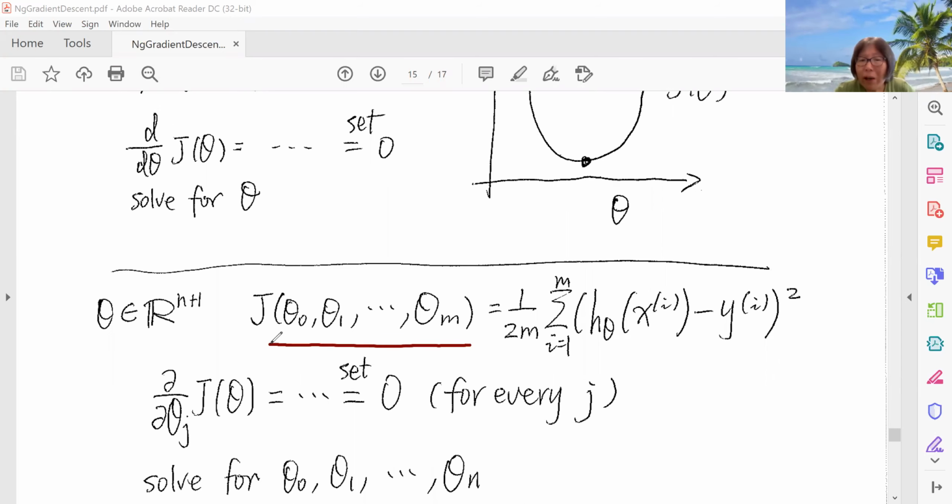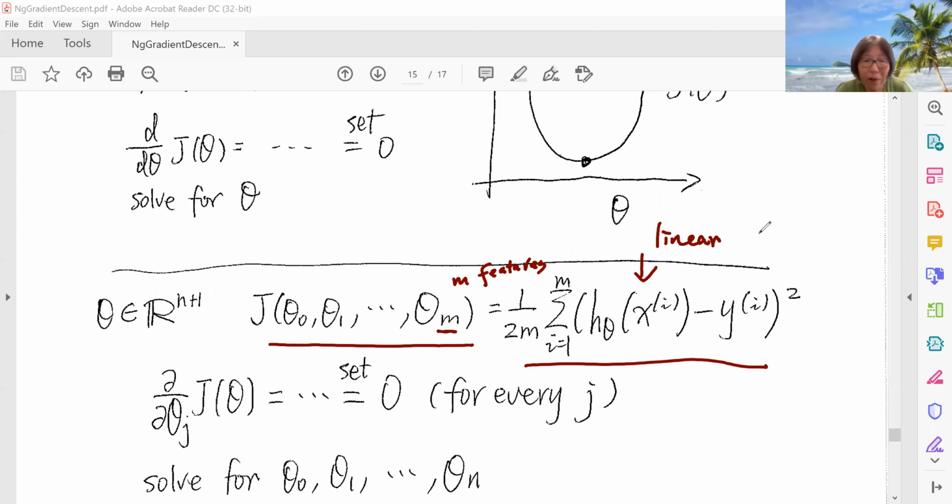Here is the cost function regarding M features. This is our hypothesis, and this hypothesis is a linear function regarding the weights. In the cost function itself, the weights are unknown.